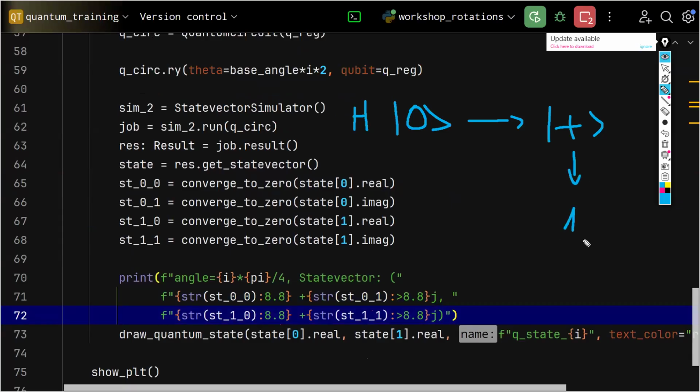The plus state, recall, is 1 over square root of 2 and 1 over square root of 2. And this is the representation of the vector. And this state vector simulator calculates exactly these transitions.